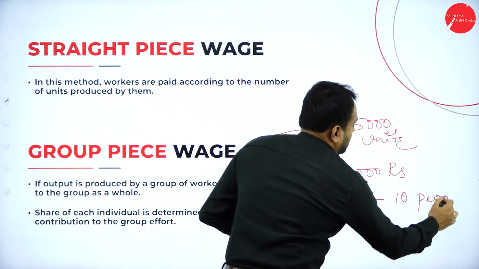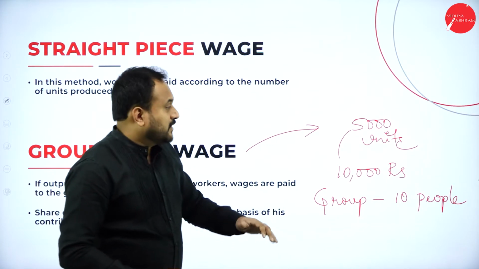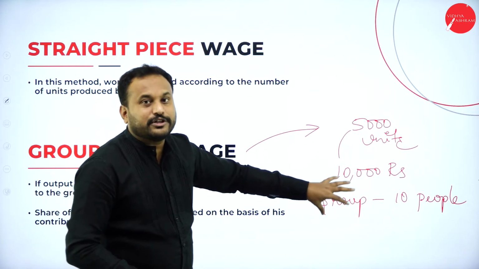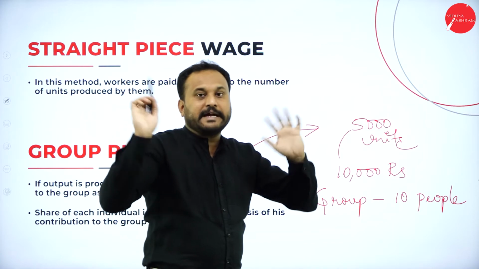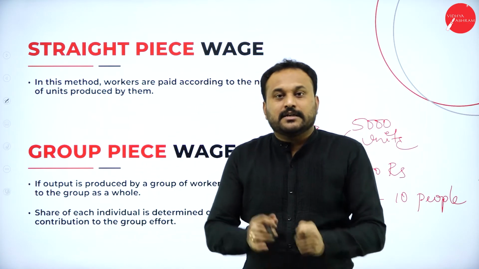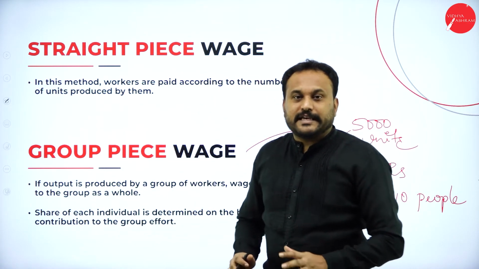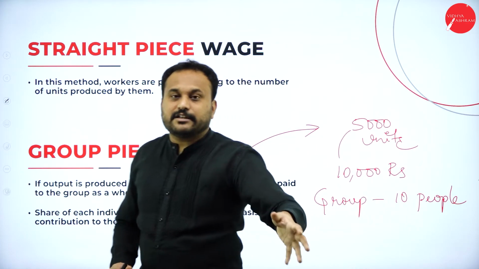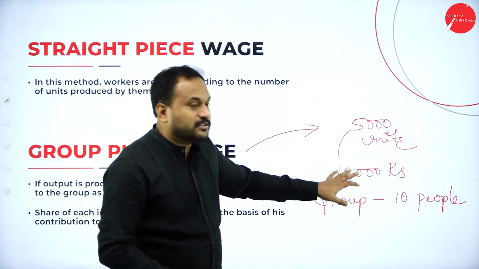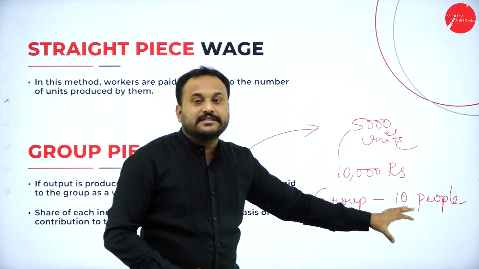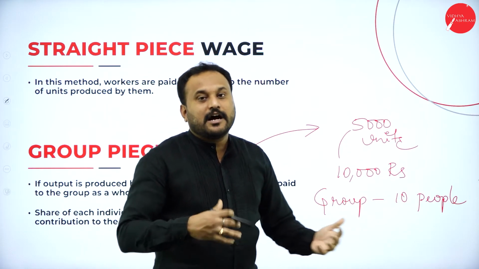Let's go with 10 people. Now it is for the group to decide who should get what. It's not my headache. I'll just give one cheque to that group saying that the minute you finish your 5,000 units production, I'll pay you 10,000 rupees.